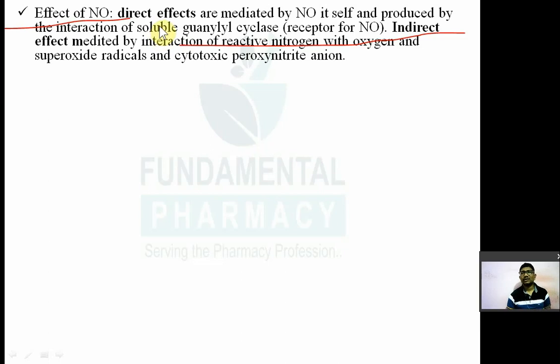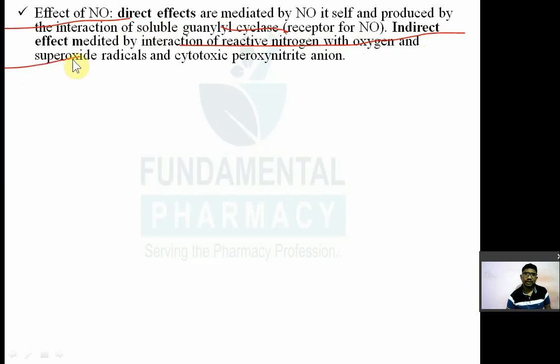This nitric oxide will interact with the guanyl cyclase, which increases the functioning of guanyl cyclase and increases the cyclic GMP in the cell. That means the cell will relax. Now this guanyl cyclase is also known as a receptor for nitric oxide. This is the direct effect.